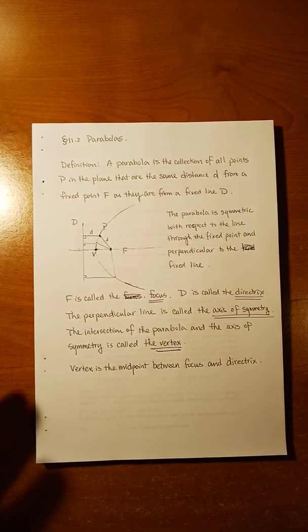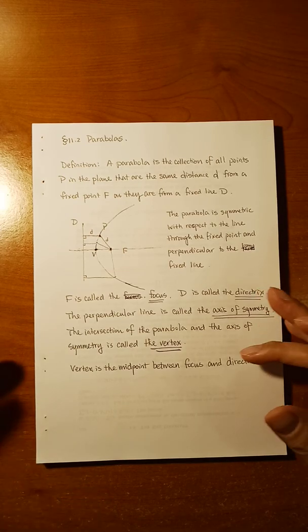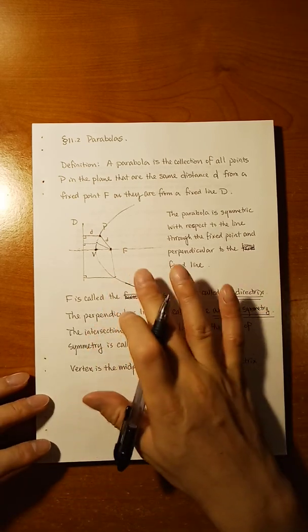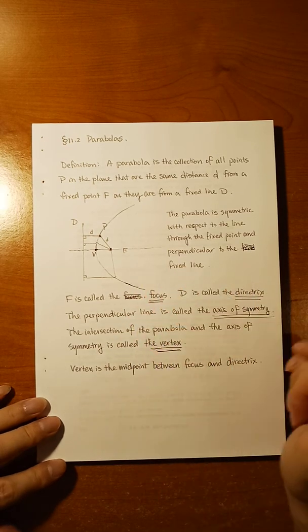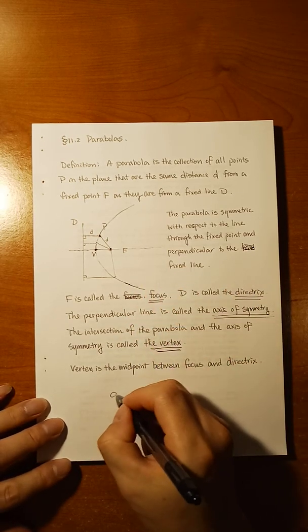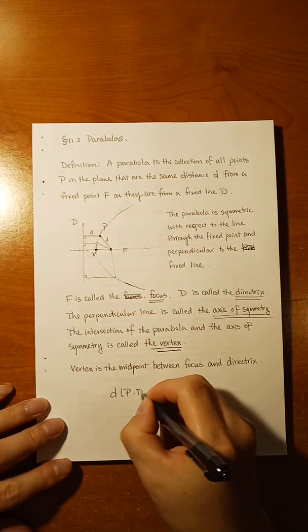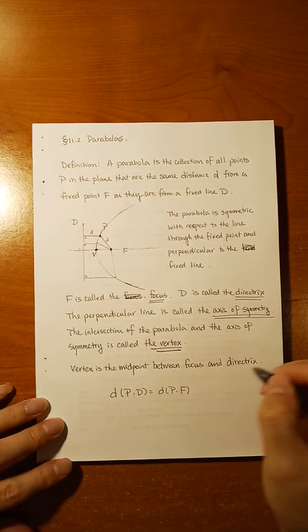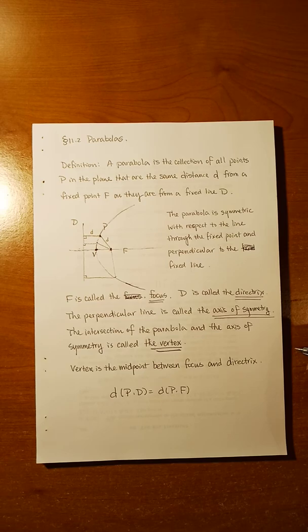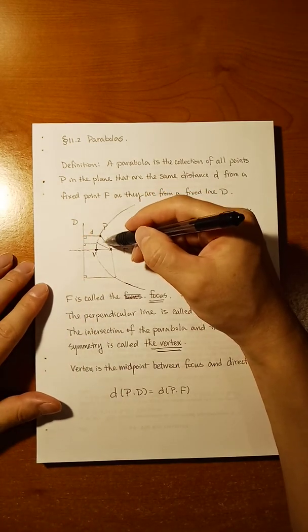And now we want to write down the equation of the parabola. The condition for the parabola is that the distance from P to D is equal to the distance from P to F. For the distance from P to F, you have the distance formula.